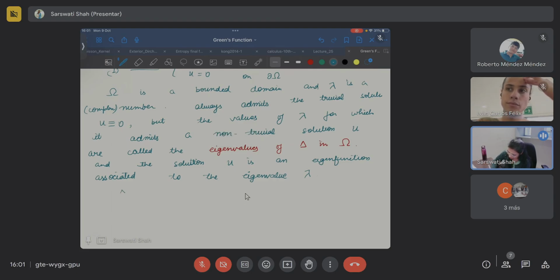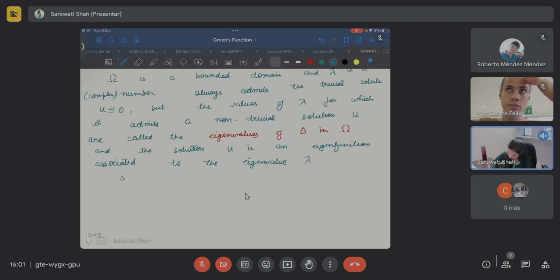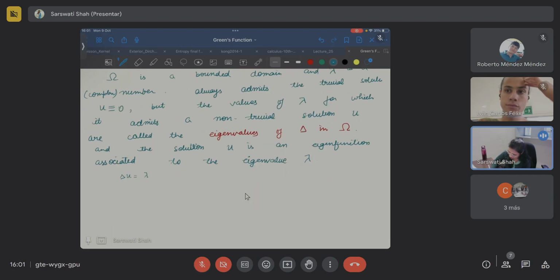Here you can see that we are taking this convention, minus delta u equals lambda u, rather than the other convention. It is just for the sake of convenience, so that when we calculate the eigenvalues of this equation, they will be positive.